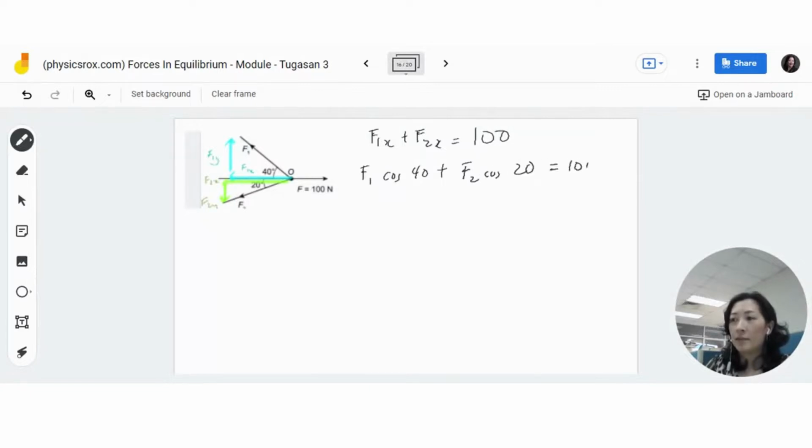And this sum is equal to 100. So simplifying this, let's find the values of cos 40. This is 6 by the way, in case you're wondering. And also we need to find the values of cos 20.